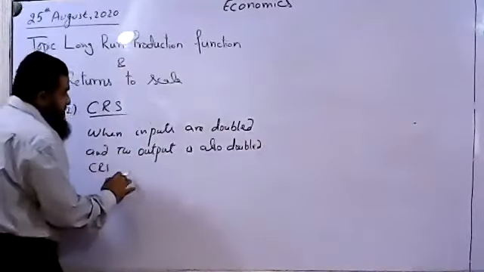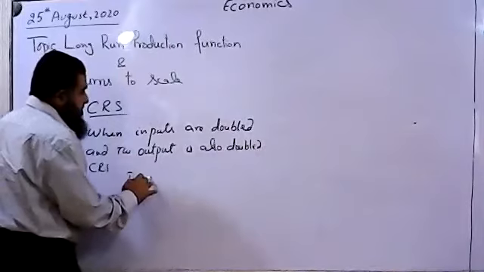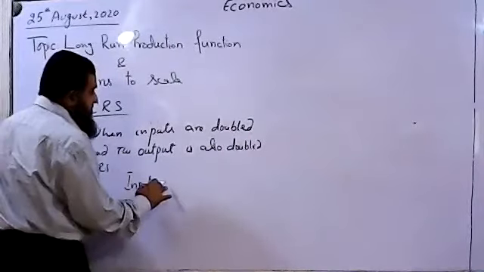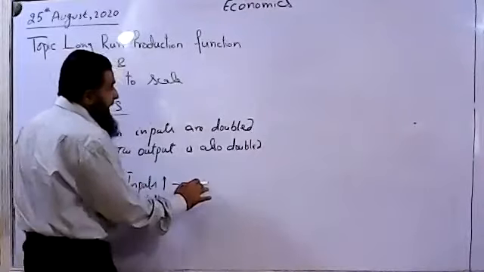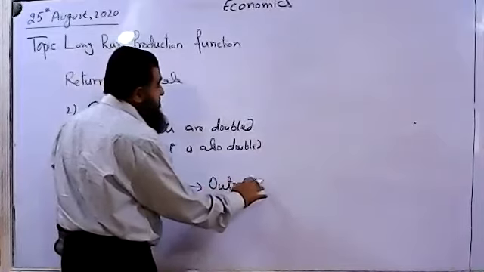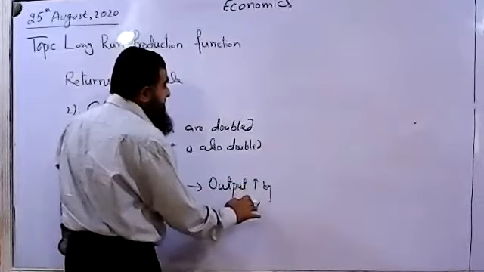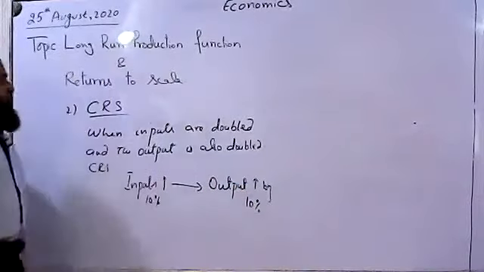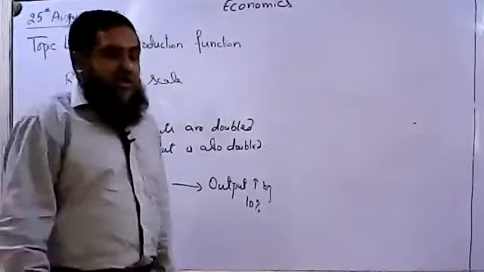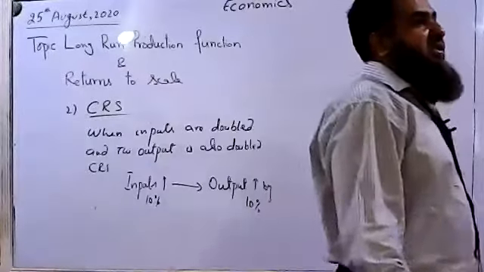Or we say inputs have increased by 10% and output has also changed by 10%. By the same proportion as the inputs have changed, when output has changed by the same proportion, this is called constant returns to scale.